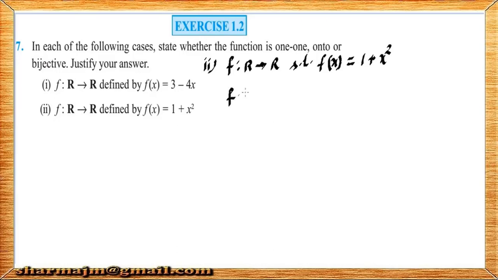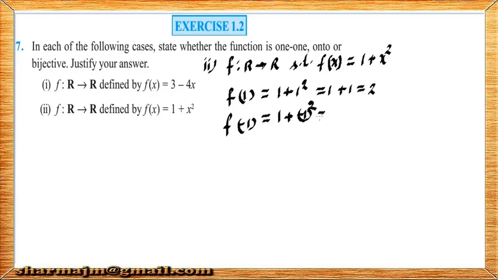Here if you take f of 1, then it will be 1 plus 1 square, that is 1 plus 1 is equal to 2. And if you take f of minus 1, then it will be 1 plus minus 1 square, that is 1 plus 1 is equal to 2. So here 1 has image 2 and minus 1 also has image 2. So two elements have the same image. So f is not a 1-1 function.